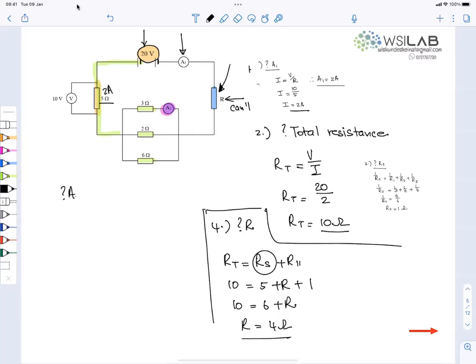What is A2? Good. See what you can do. You can put a voltmeter there if you want to.